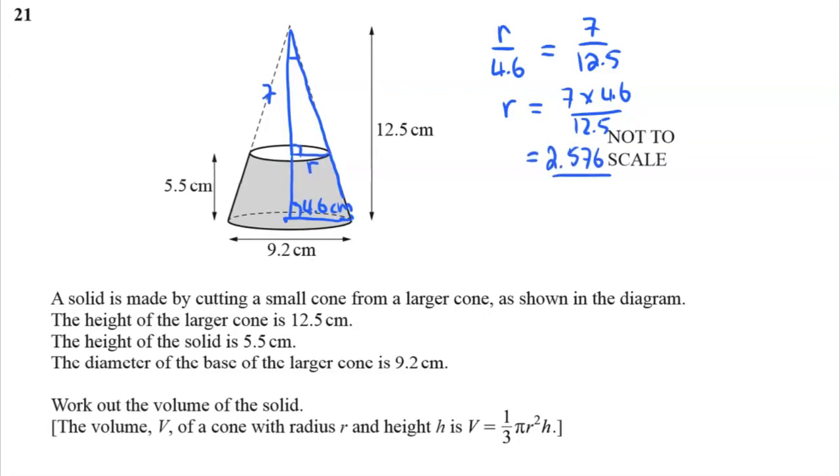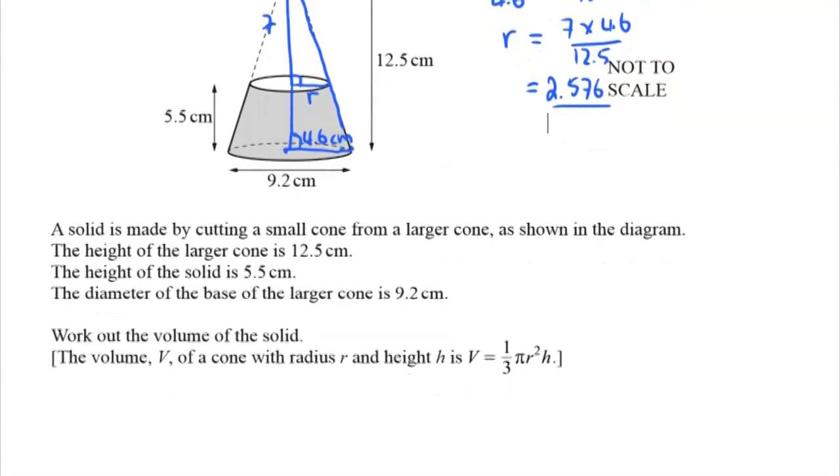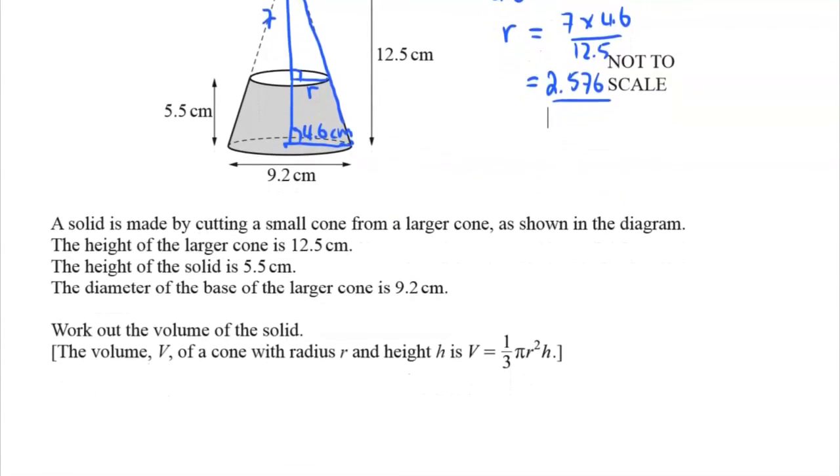All right, now we have everything we need. We have the radius of the small cone, the height of the small cone, the radius of the large cone, the height of the large cone. We just have to put it together and we're sweet. All right, let's get somewhere where we can actually do some work, write everything down. Okay, what will we do? We'll do large cone. This is so I can scroll and know what I'm working with.